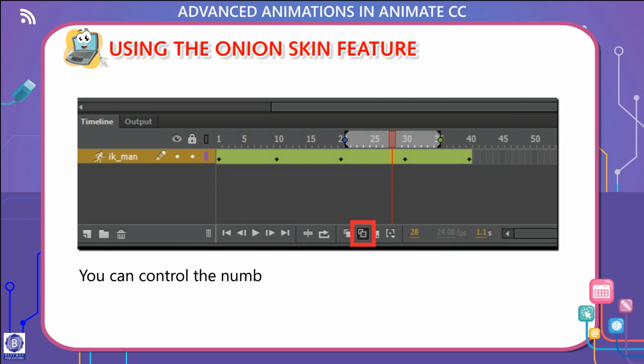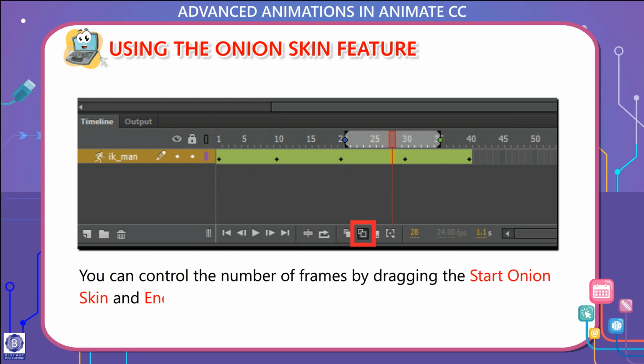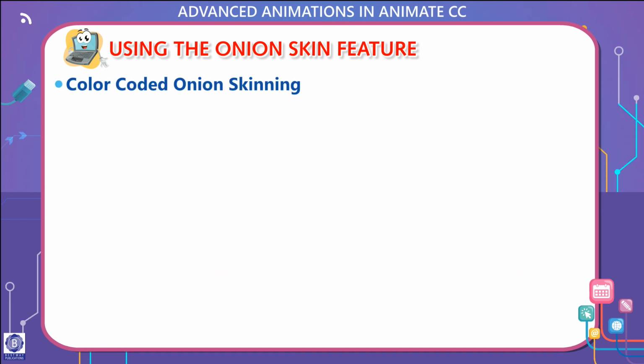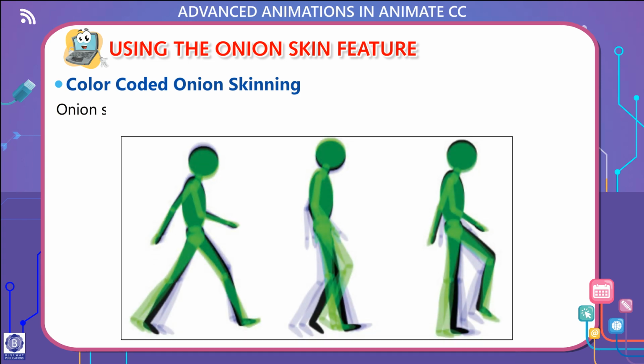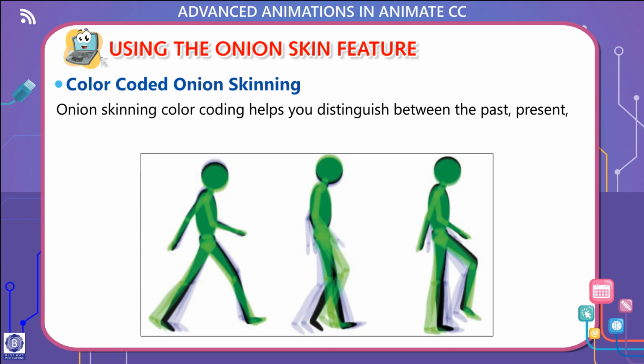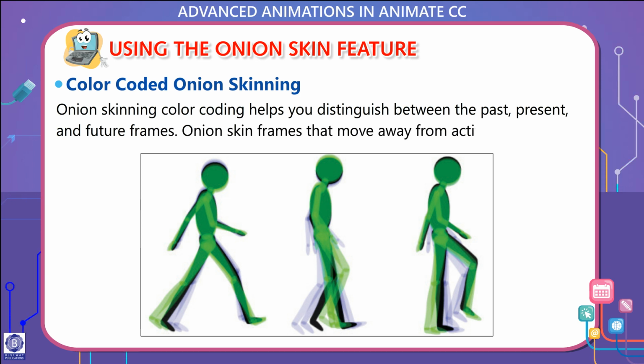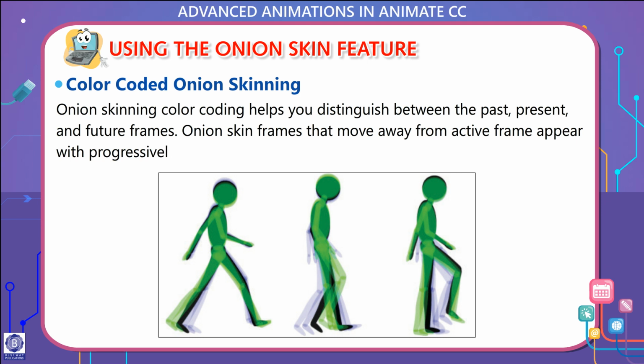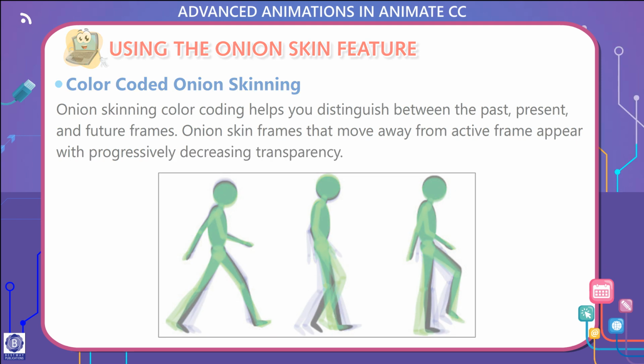You can control the number of frames by dragging the Start Onion Skin and End Onion Skin markers in the timeline. Color-coded onion skinning. Onion skinning color coding helps you distinguish between the past, present, and future frames. Onion skin frames that move away from the active frame appear with progressively decreasing transparency.